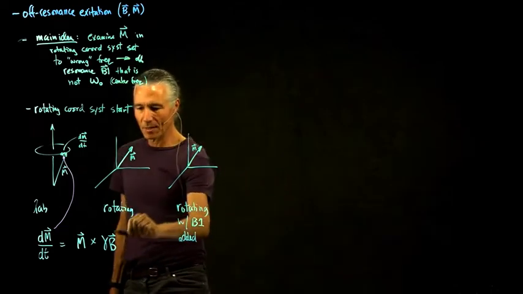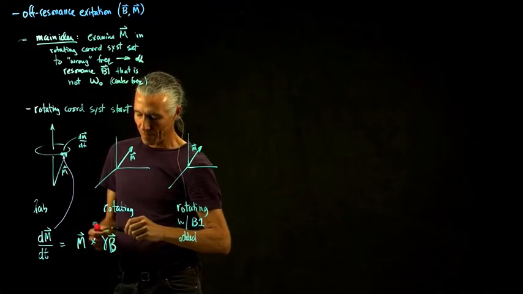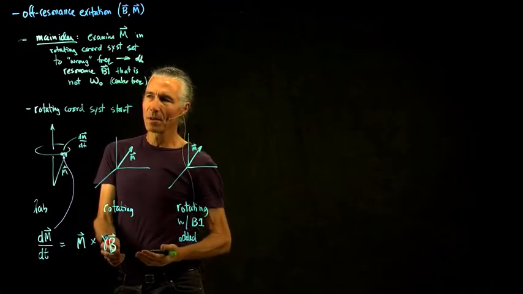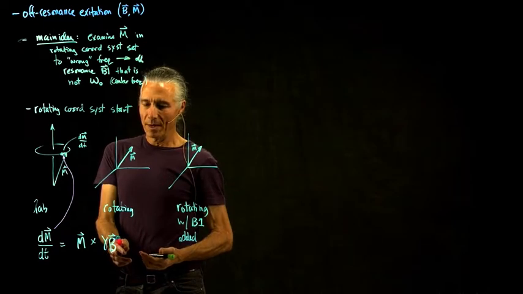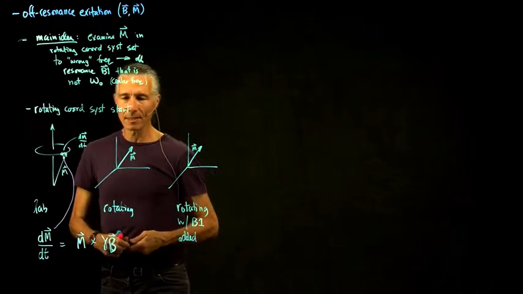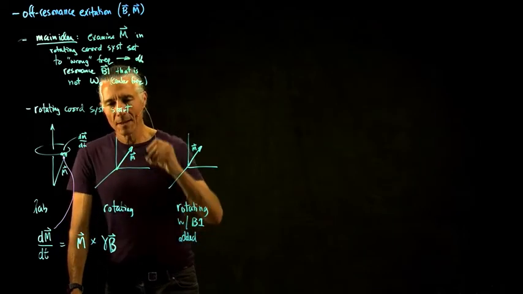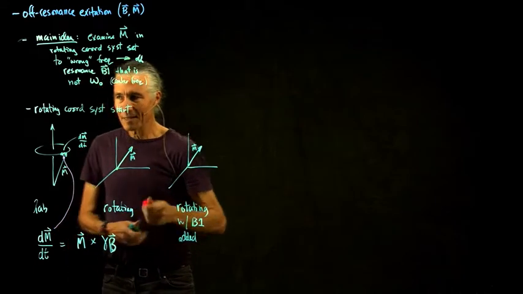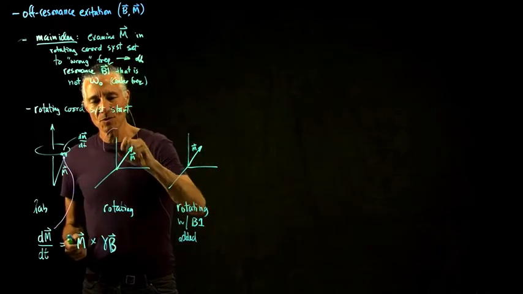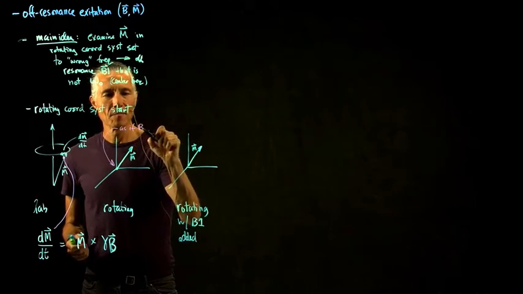See right here, it's just completely general. It just says B, and that B includes both B1 and B0. So what happened here in the rotating coordinate system? It's as if we set B0 to 0. As if B0 went to 0.